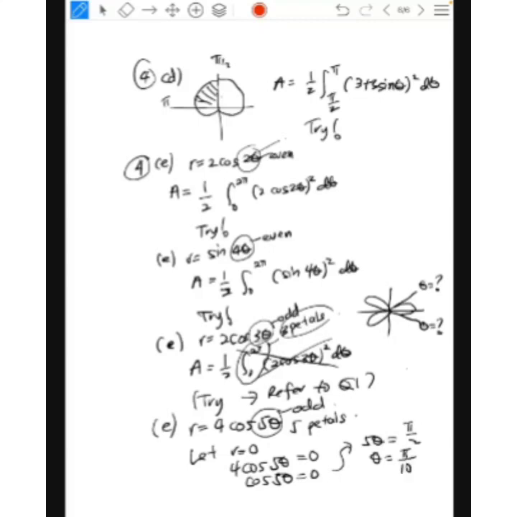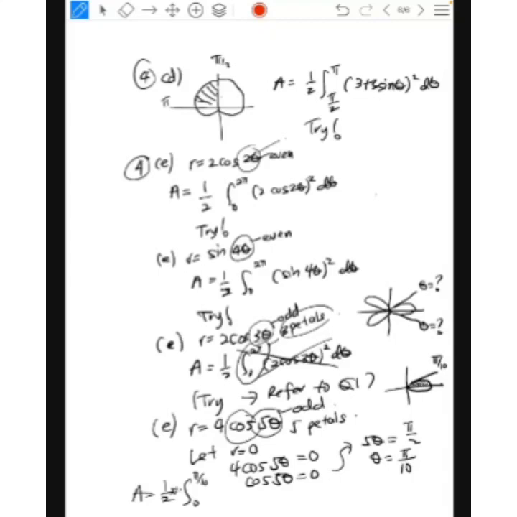Okay, so this cos, it will start like this. So this is the pi over 10. Let's say if you want to find from 0 until pi over 10, you have to multiply with this. 0 to pi over 10 is only half. It has 5 petals, so you multiply by 2, multiply with 10.